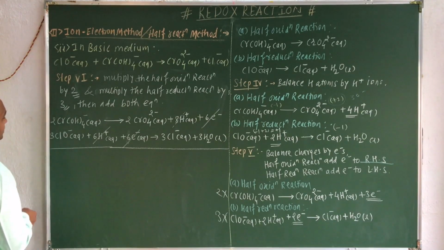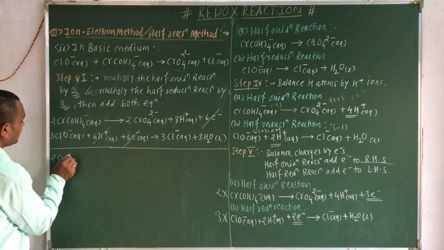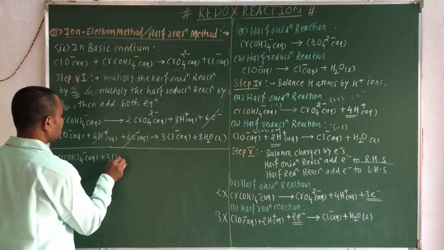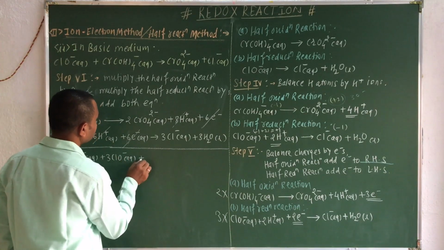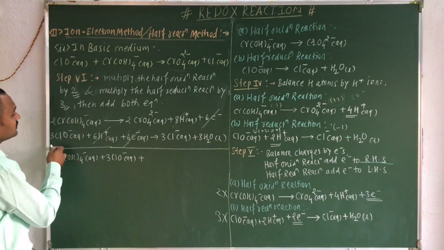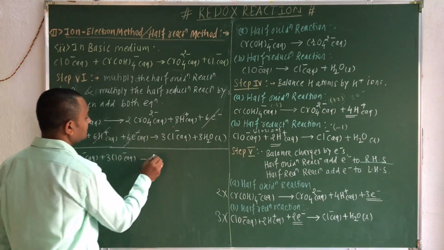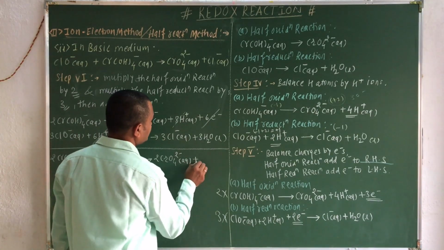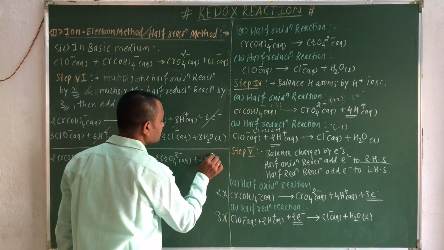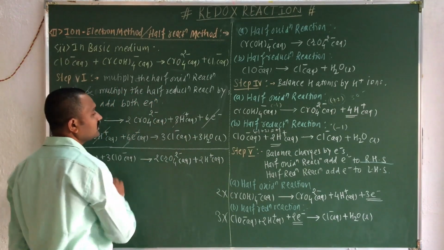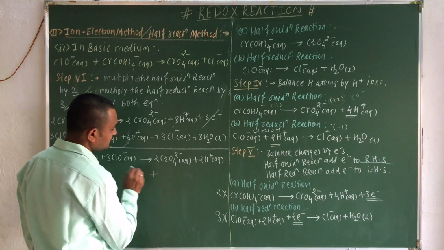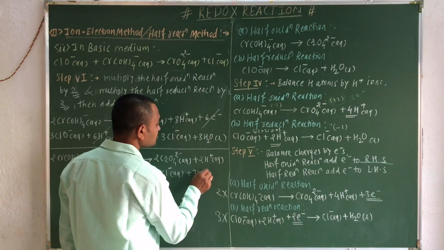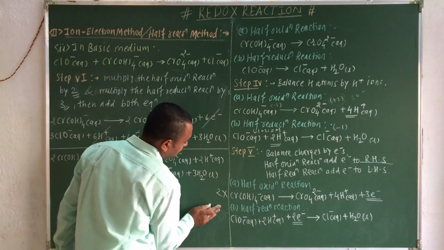Now again write down that equation, that is 2 CrOH4 minus aqueous plus 3 ClO minus aqueous gives 2 CrO4 2 minus aqueous plus 2H plus aqueous, out of it 2 will remain as it is, plus 3 Cl minus aqueous plus 3H2O. Okay, so this is our overall reaction.